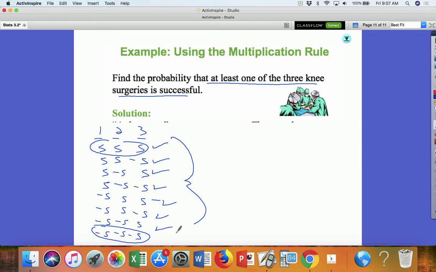Let me ask you this. What's the probability of rolling a 5 or greater on a die without calculating each of those? Or let's go 5 or less. What's the chances of rolling a 5 or less without calculating all those?